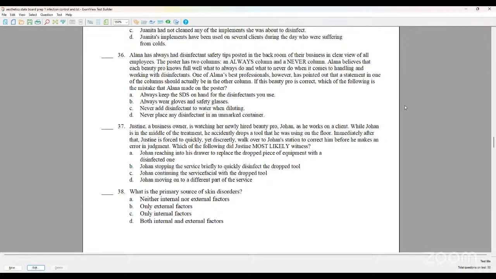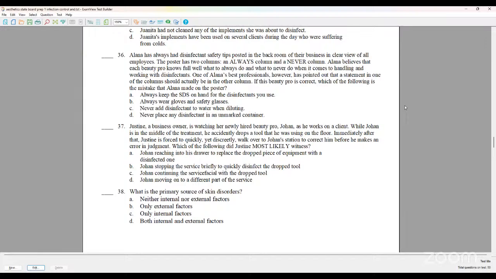Johan reaching into his drawer to replace the dropped piece of equipment with a disinfected one, stopping the service briefly to quickly disinfect the dropped tool, continuing the service facial with the dropped tool, or moving on to a different part of the service. Now she stopped what she was doing to rush over and stop him from doing something.